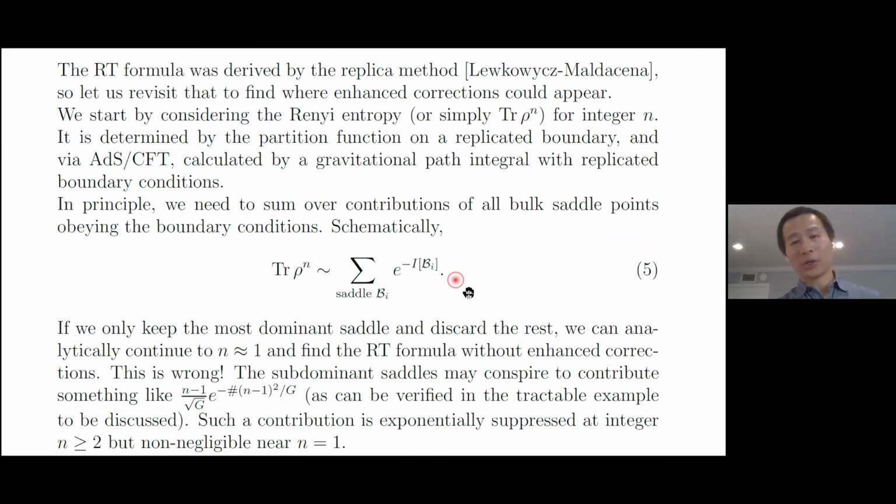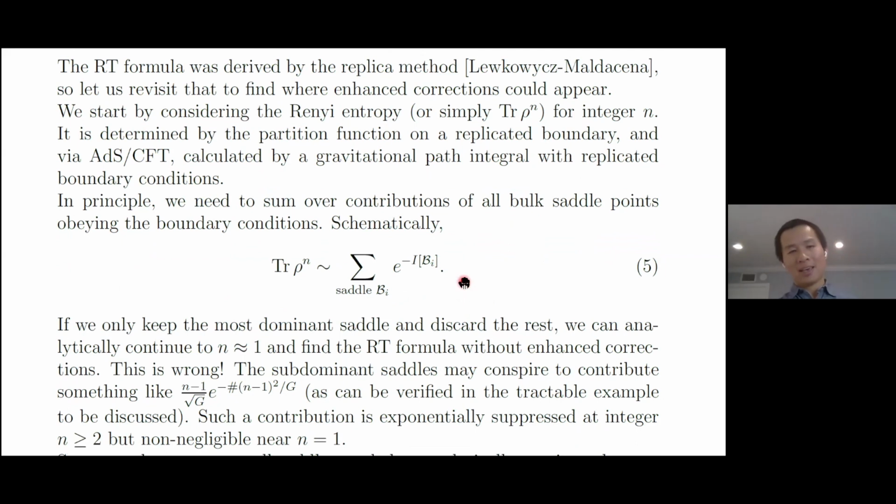The standard story that follows is that we then keep only the most dominant saddle and discard the rest, because by doing that, we can easily analytically continue to non-integer n and eventually take the n goes to 1 limit and find the Ryu-Takayanagi formula.